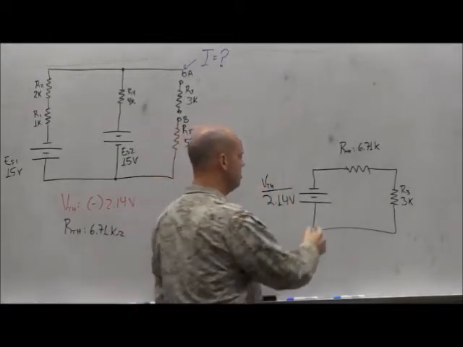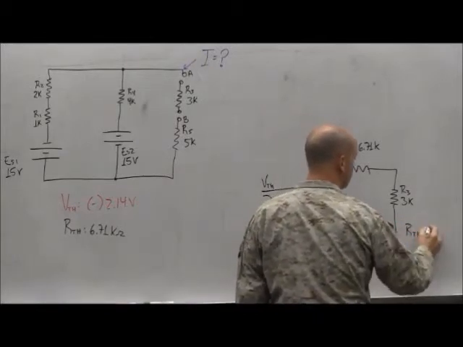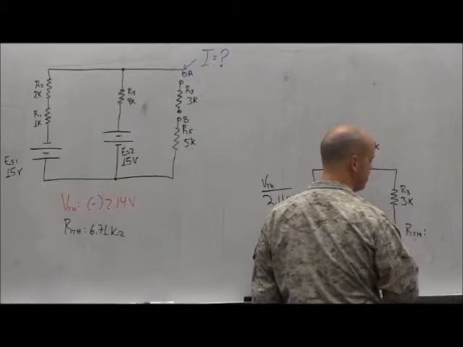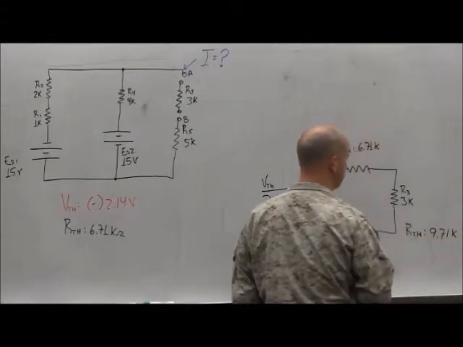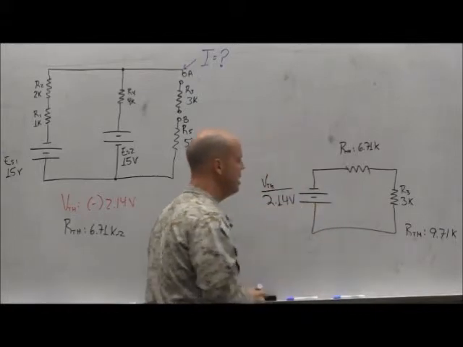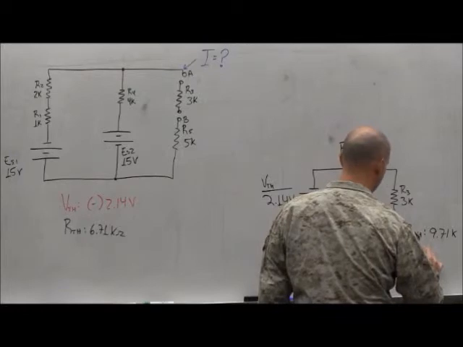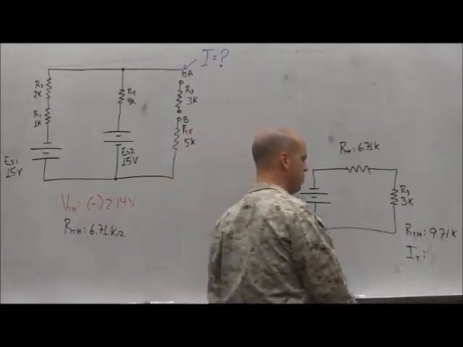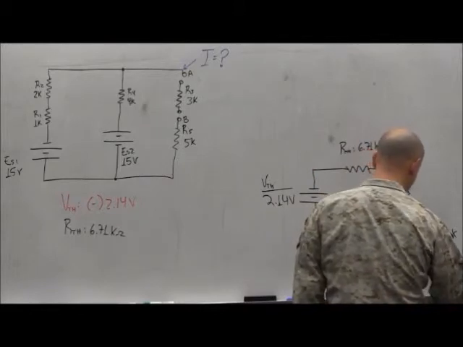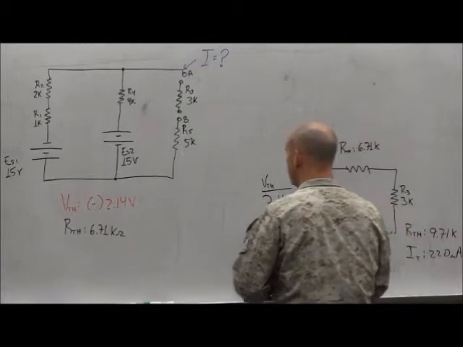All right, what's my total resistance here? What's that? 9.71K. Okay, and then I can now find my total current, right? IT will be 2.14 volts divided by 9.71K. 220 microamps.